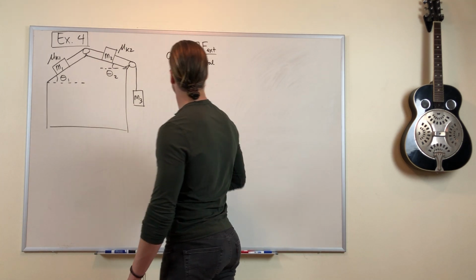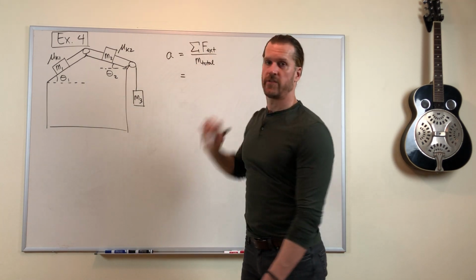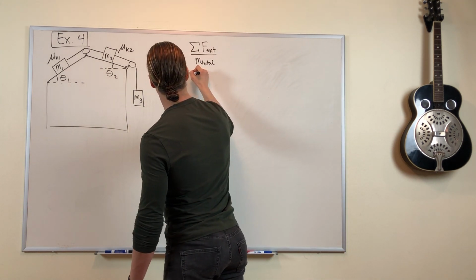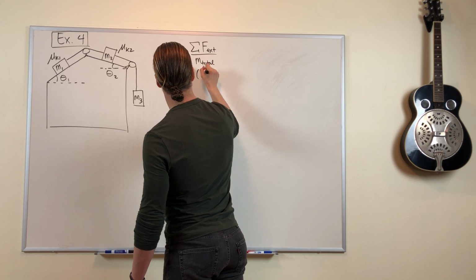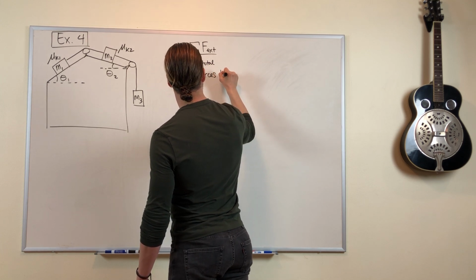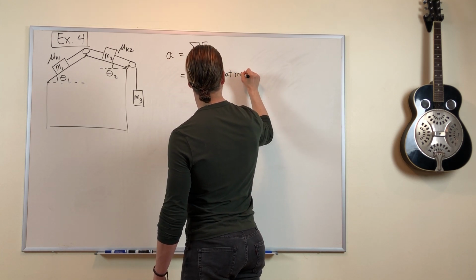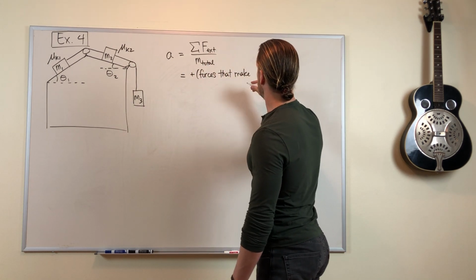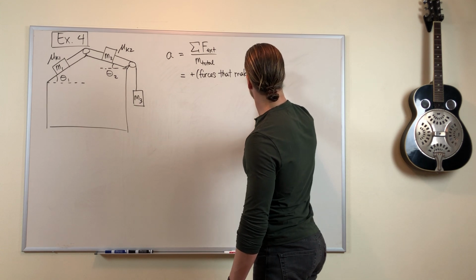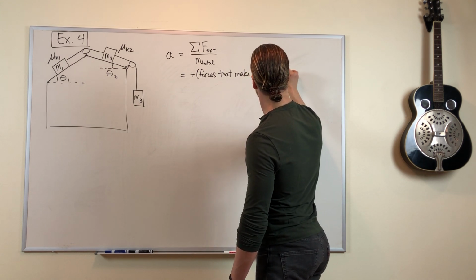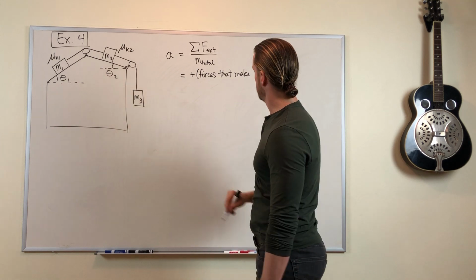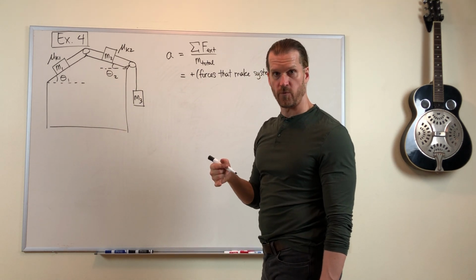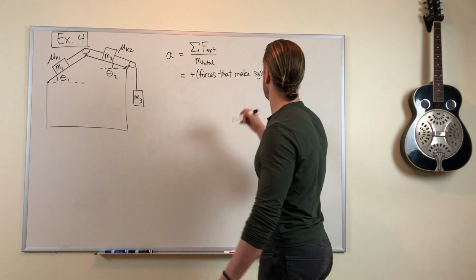And the way to think about this sum of the forces is that you have some positive forces, those positive forces make the system go. And you have negative forces that slow the system down.